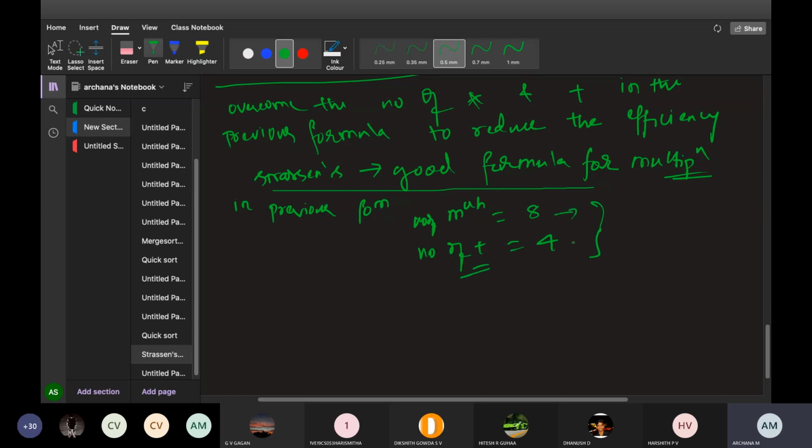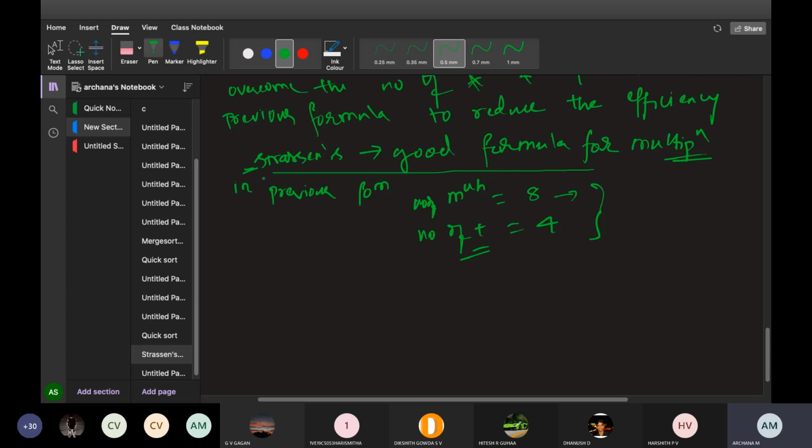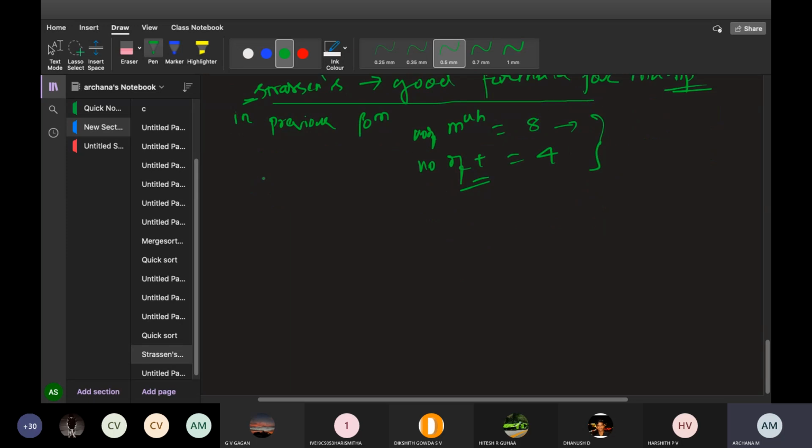To reduce the number of multiplications, he found a new formula for multiplication. We will see what the new formula is now. These are all inbuilt formulas, you cannot change them.